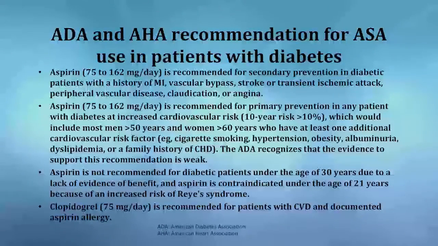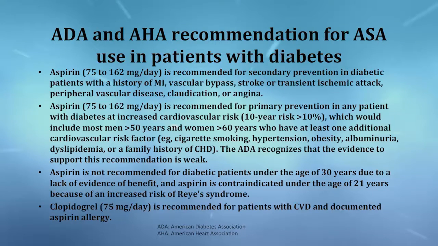Now we will move on to the aspirin treatment recommendation in diabetic patients. Aspirin of 75 or 162 milligram per day is recommended for secondary prevention in diabetic patients with a history of MI, vascular bypass, stroke or transient ischemic attack, or peripheral vascular disease.